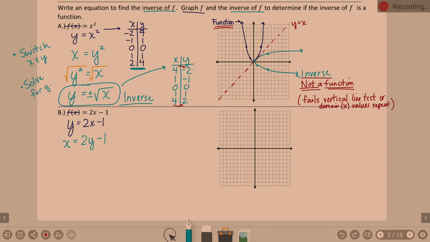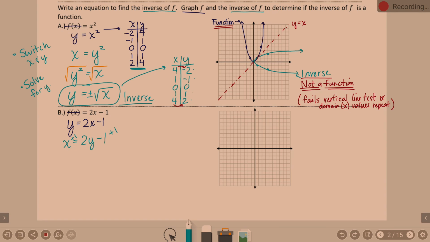Okay? After you get that done, our job is to take that equation and solve it for y. So to get 2y by itself, I'm going to add 1.